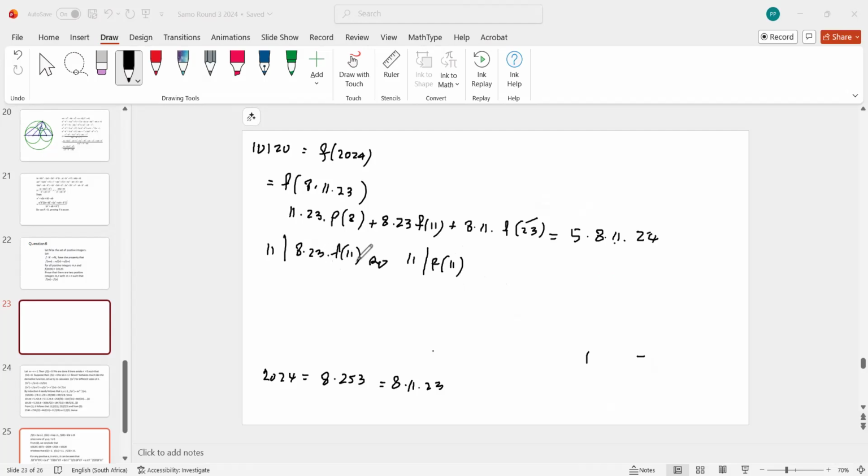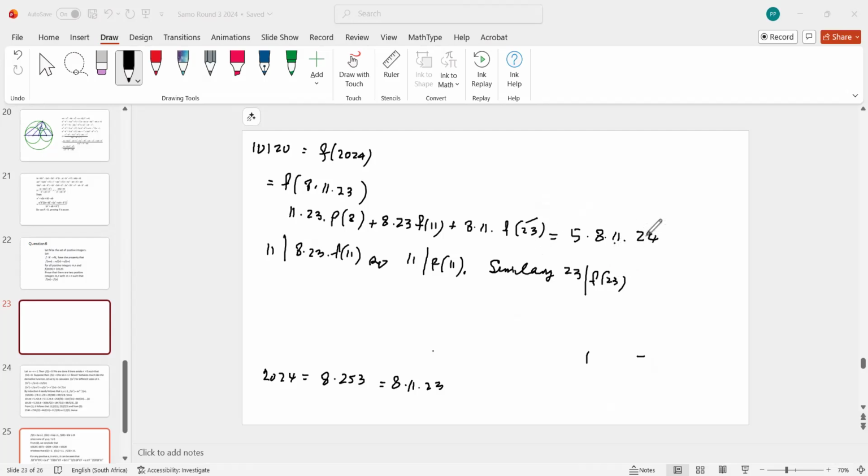So when you factorize this thing completely, the 11 will be absorbed into that one. This makes no contribution to the 11. Right? And you have similarly, 23 is a factor of f of 23.